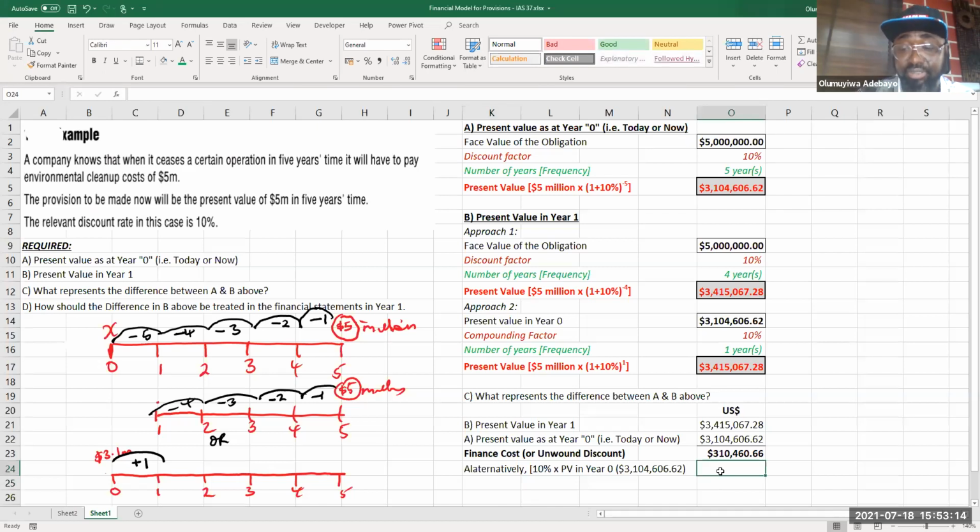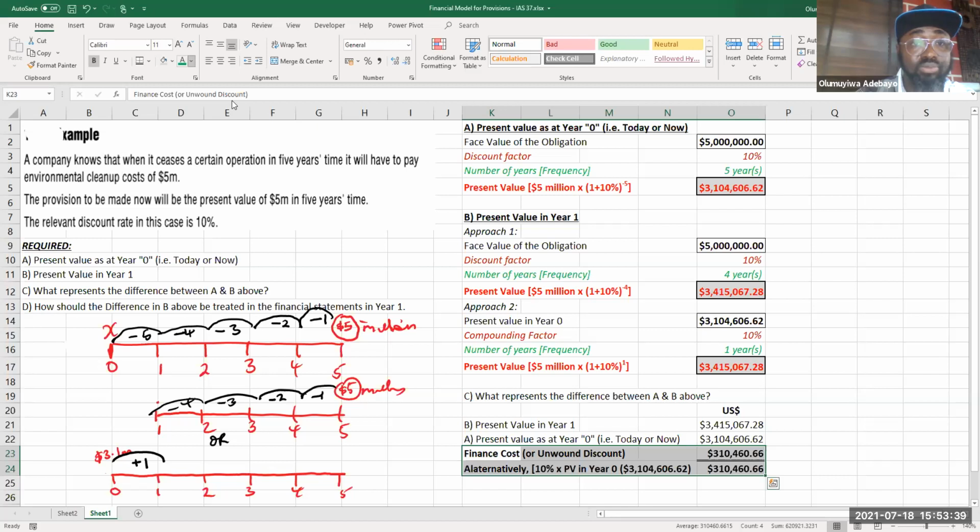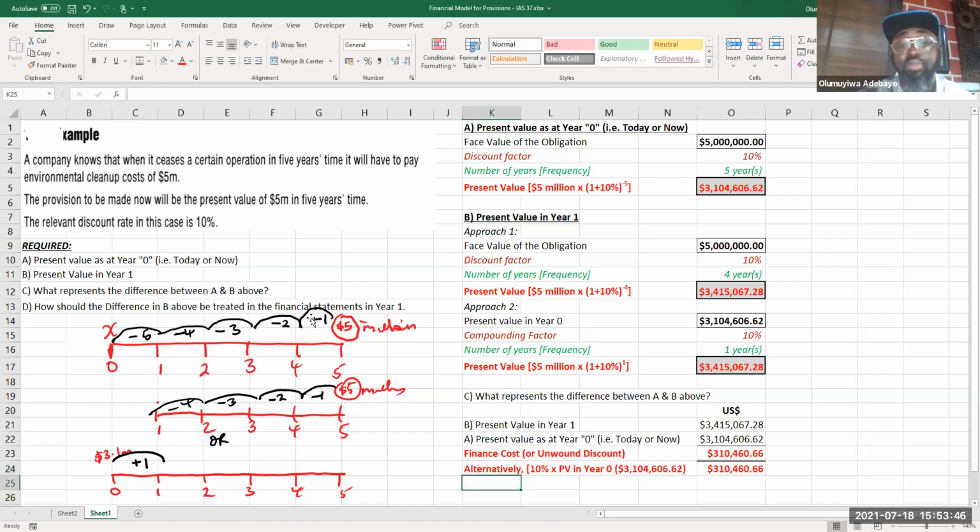Now let's find that 10%. The 10% of this is this. That's the alternative means of obtaining it, which you need to take note of.